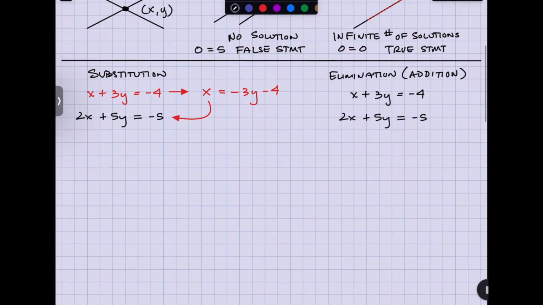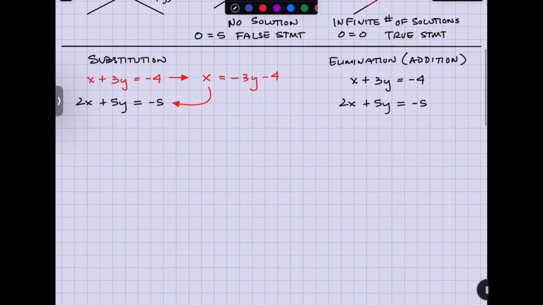That is what is known as substitution: taking one equation and substituting it into the other. So I'll have 2 times that x plus 5y equals -5.